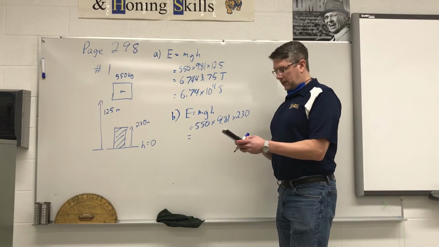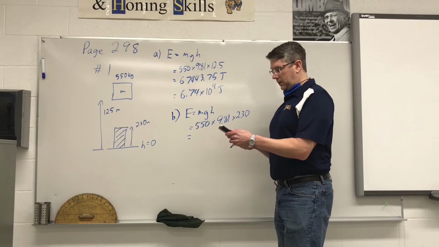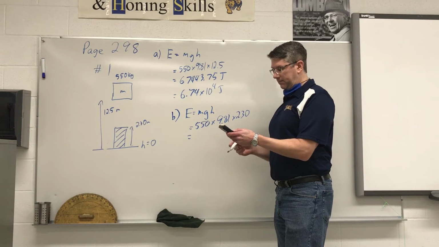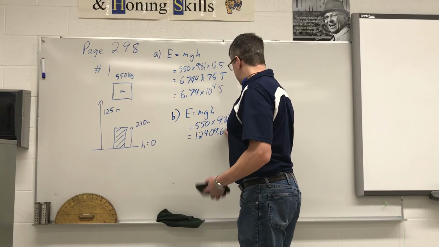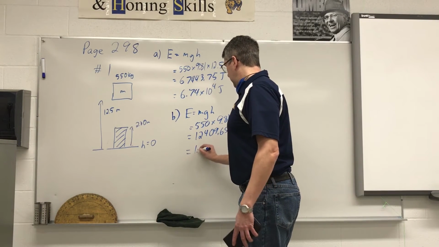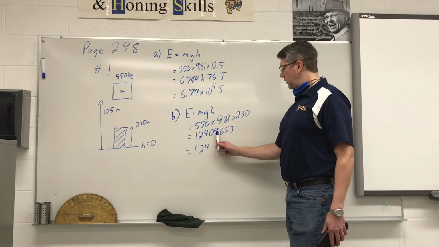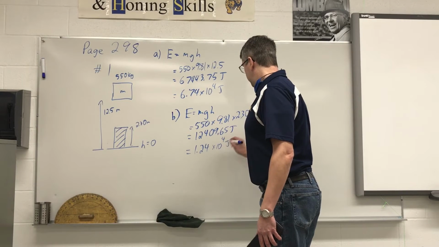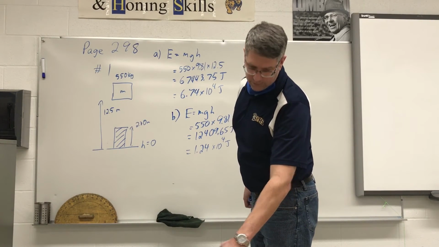So putting that into the calculator, 550 times 9.81 times 2.3. Helps when you type it in right. There we go. We got 12409.65 joules. So that's going to be 1.24 times 10 to the power of 1, 2, 3, 4 joules. And that matches what we have in the book.